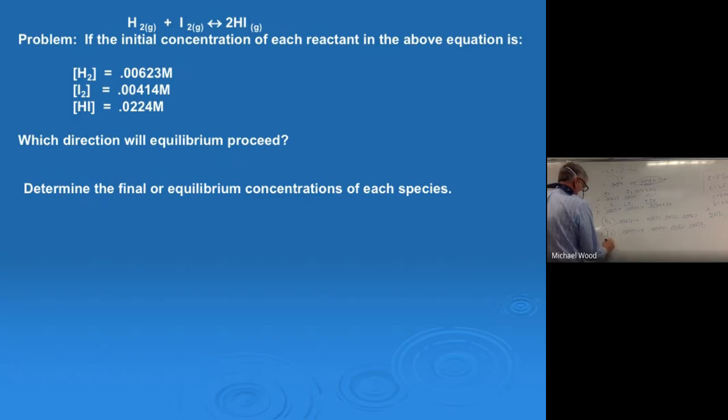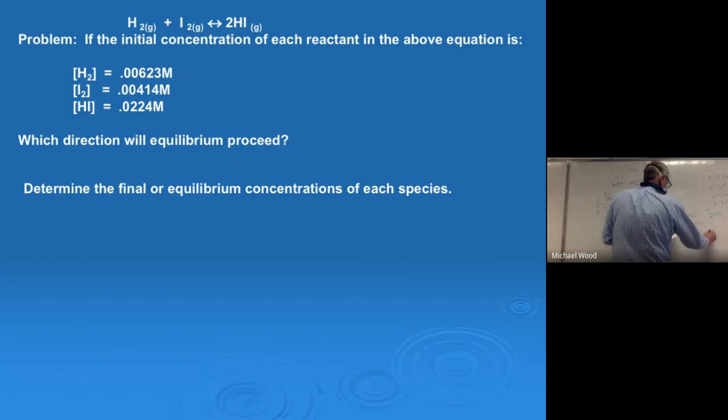And then for the HI, what I had is 0.0224 plus 2x, so this is 0.0224 plus 2 times 0.00156, 0.02. These would all be molar.